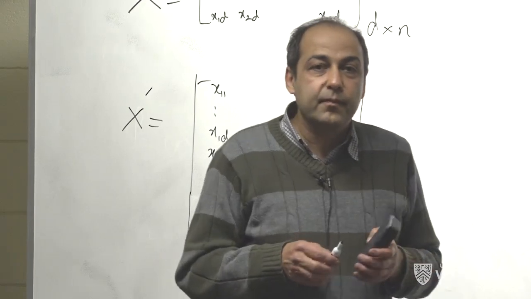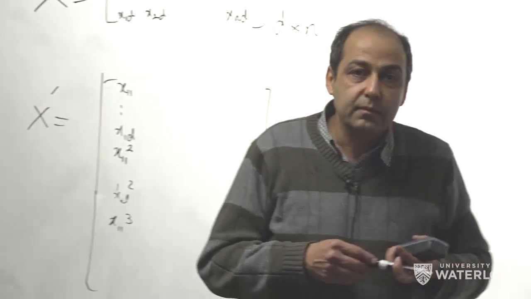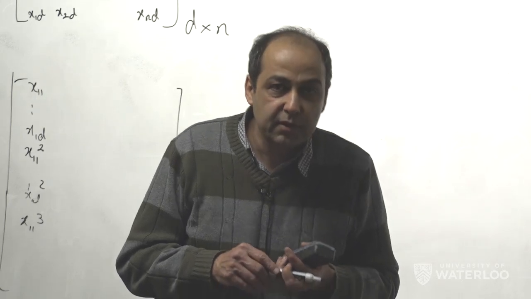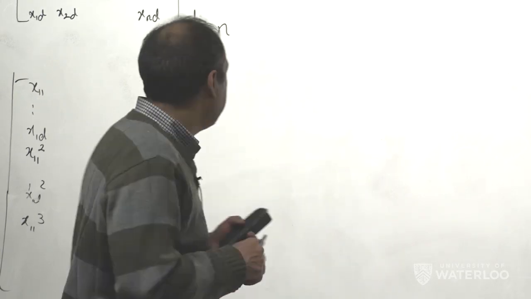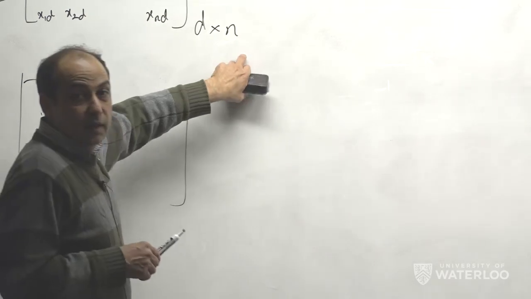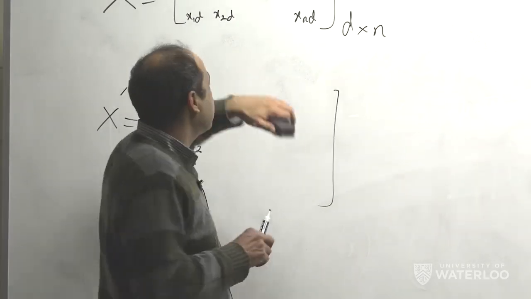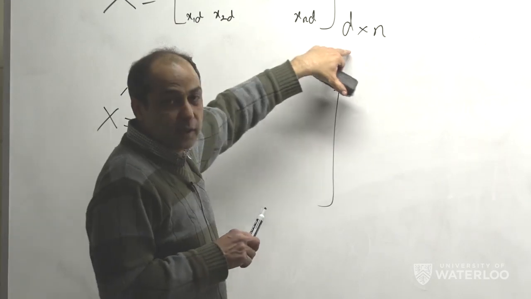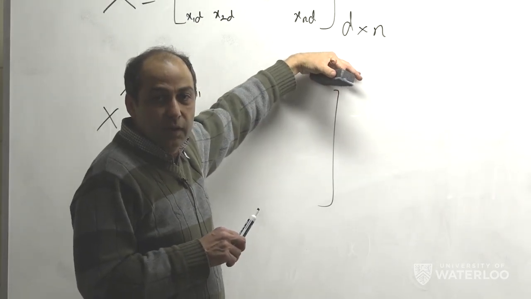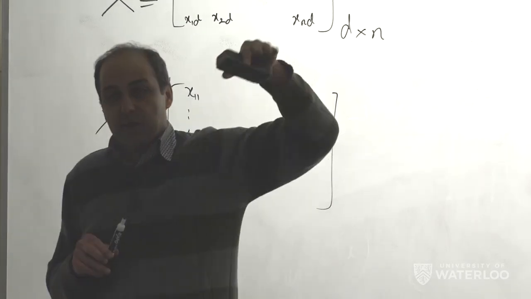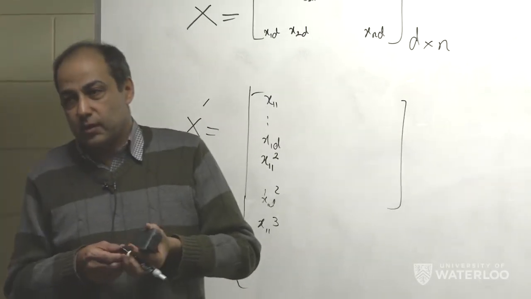d is the dimensionality of the features, and n is the number of data points. And this is the convention of this class, that we always show our data matrix in this form, where rows are variables or features and columns are data points.